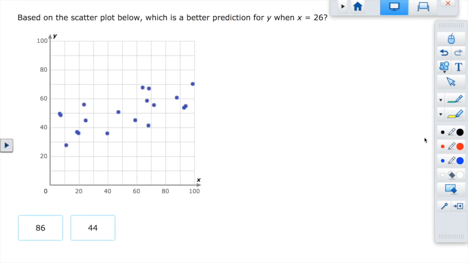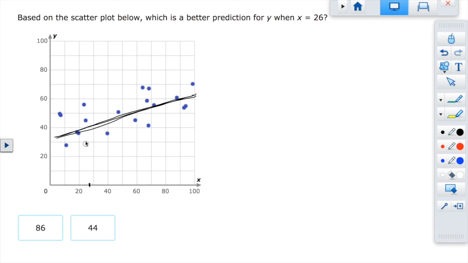Again, use your finger, something, and imagine a line going through the center of the data. So I would imagine the line of best fit would be right about here. Now, we're making a prediction for y when x is 26. So now I come 10, 20, that's 30, so 26 is just about in the middle.